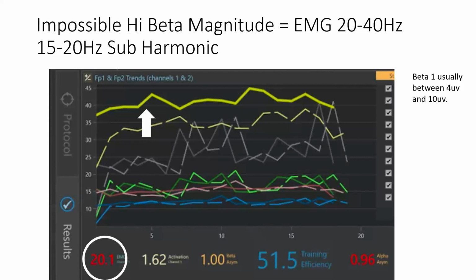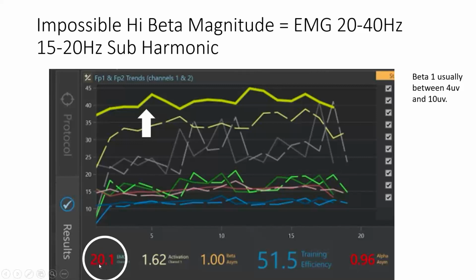So this is likely 20 to 40 hertz with a mild 15 to 20 subharmonics, because notice this beta is at 15 microvolts, so it's way higher than it should be. So there's a subharmonic. Now, what do I mean by that? And we can see here it says 20 on the EMG. Well, that means it's in the 40 to 50 hertz range or higher.